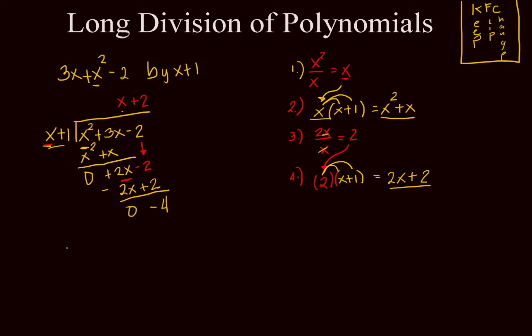Therefore, our final answer is x plus 2 with a remainder of negative 4. Or we can also write this answer as x plus 2 plus negative 4 over x plus 1.